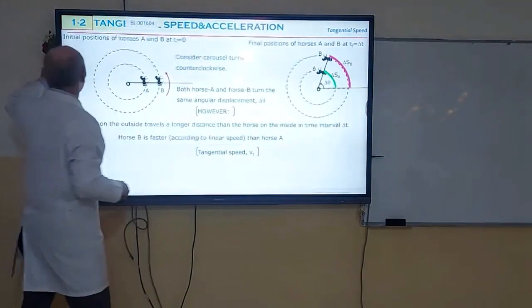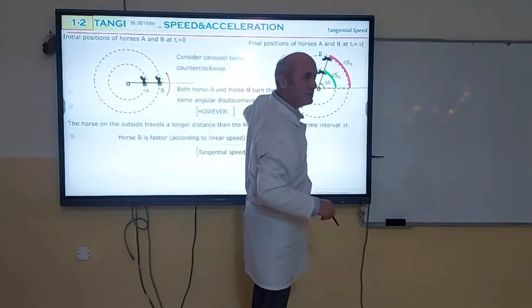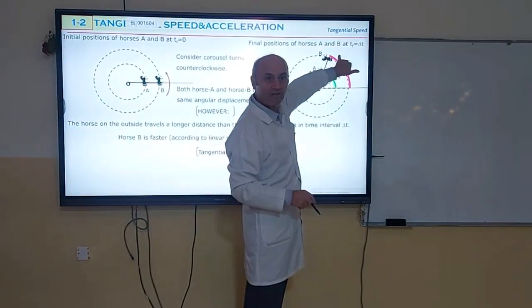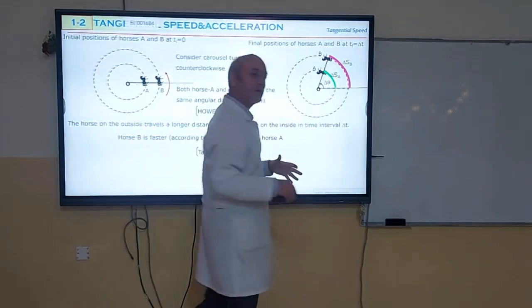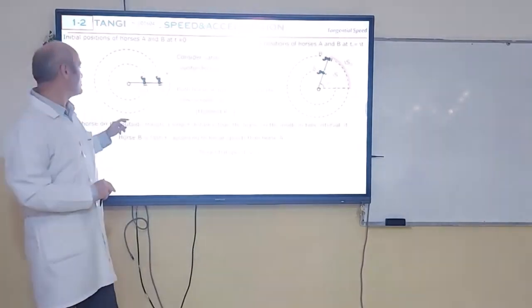This linear speed in a circular motion is named tangential speed, and the outside horse is going to have a greater tangential speed than the inside horse because it travels a longer distance than the inside one.